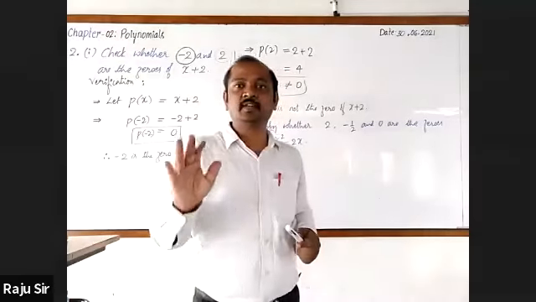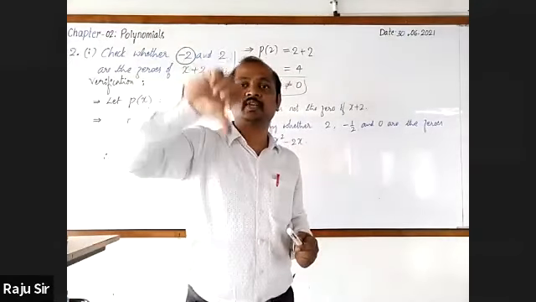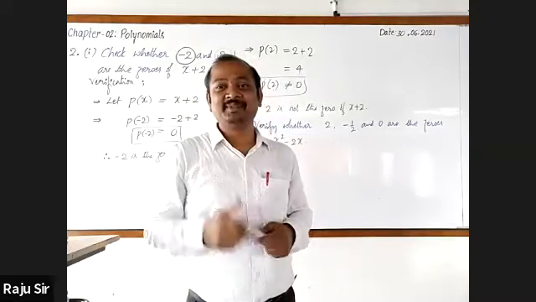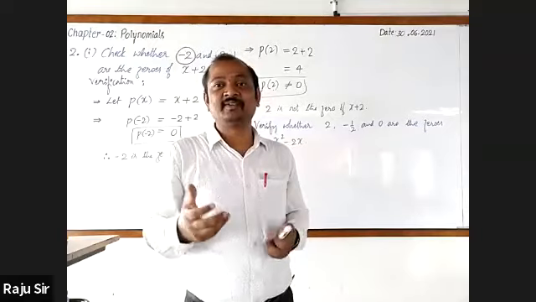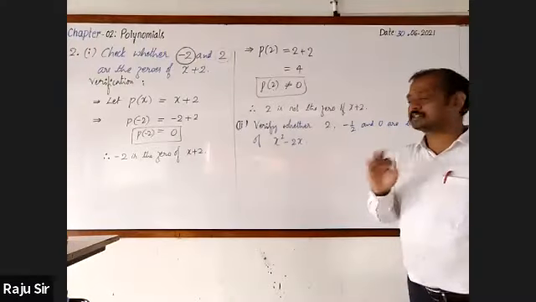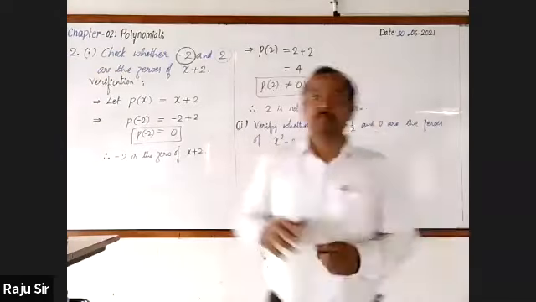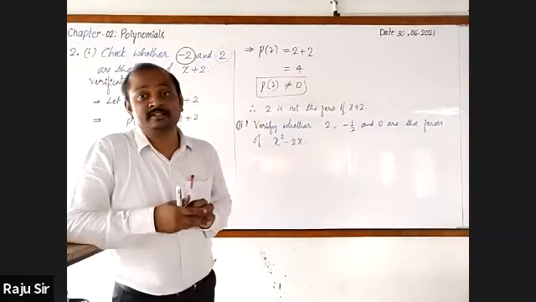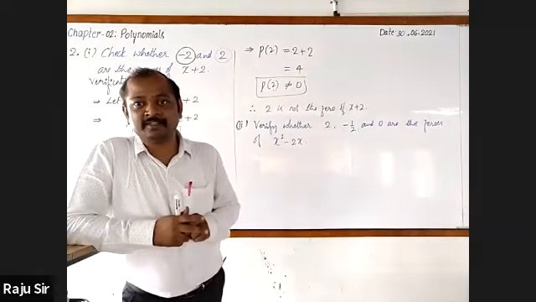I want a response. Either you have to say yes or you have to say no. She is telling correctly. Of course, we cannot take these three numbers as zeros, right?